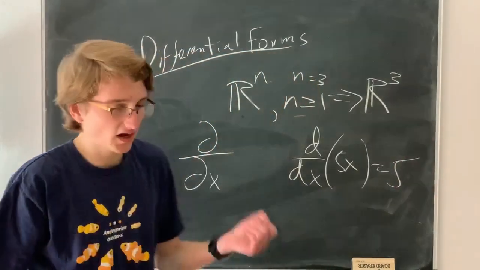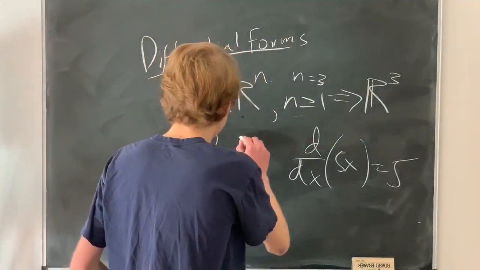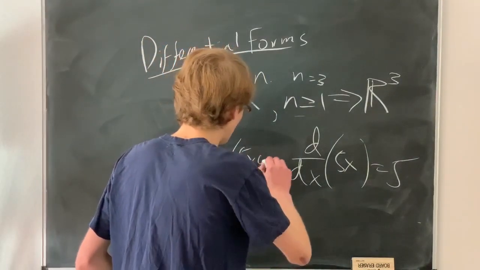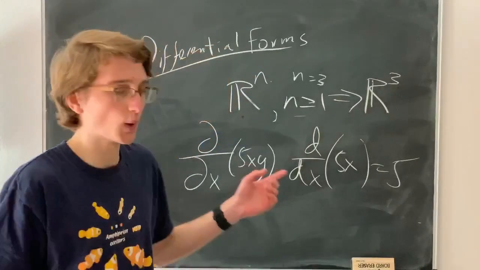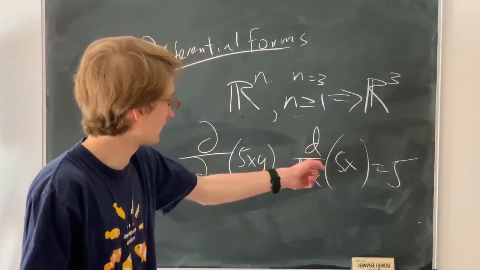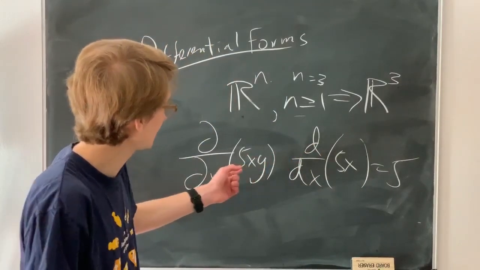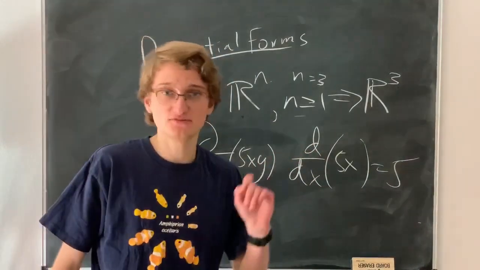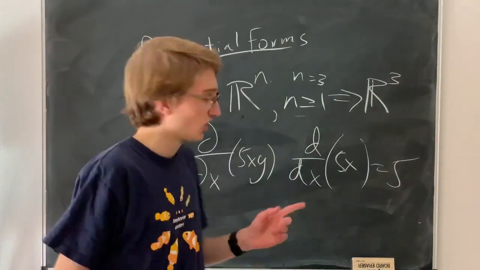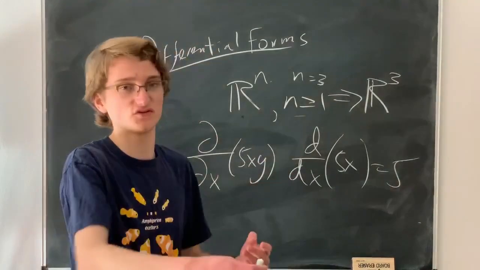But now in multivariable calculus, I've already said we're dealing with many variables. So if I have a function that I want to take the derivative of, say 5xy, well, this is not valid for this, because I can take the derivative with respect to x and with respect to y. So in this case, I want to take the partial derivative, because there's more than one variable.